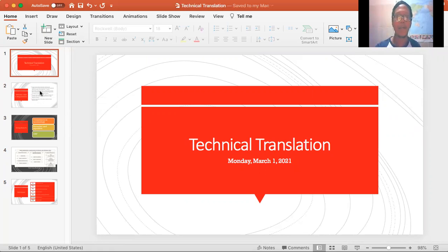It's like I ask you what is a duck, and you said a duck is not a chicken, which is technically correct. But then we want to be more precise: what is the definition of technical translation? What is the goal of technical translation? And also other points that are related to it.